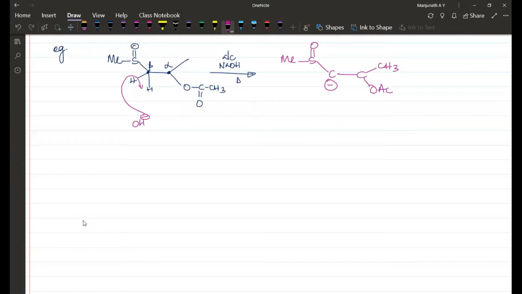So this is the intermediate. This intermediate has resonance stabilization due to formation of the double bond. So this intermediate is easily formed.